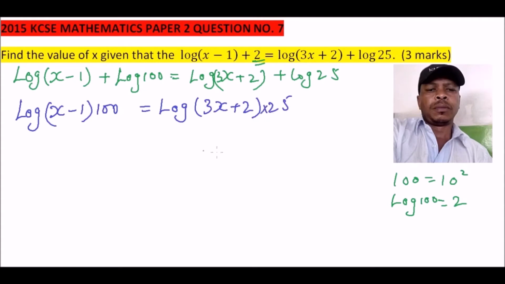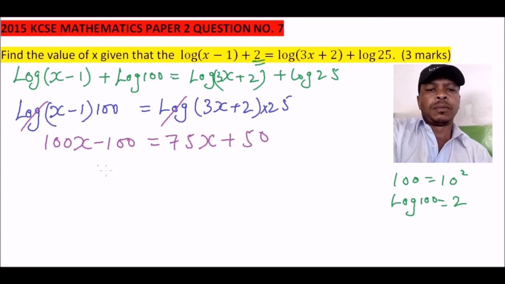So this is multiplication. Then we get the anti-logarithm of both sides, implying this logarithm disappears. We open the bracket, this will be 100x minus 100 is equals to, this will be 75x plus 50.